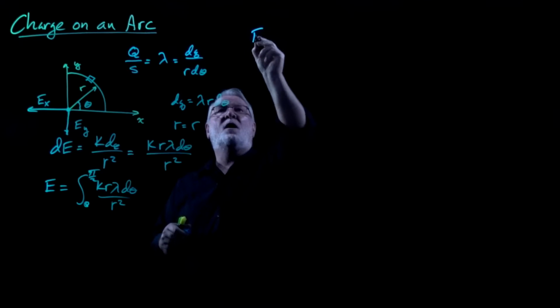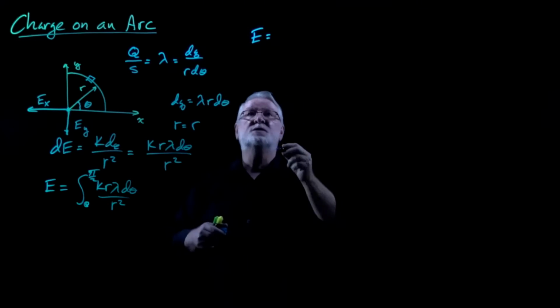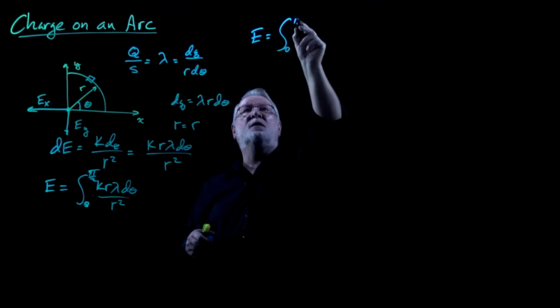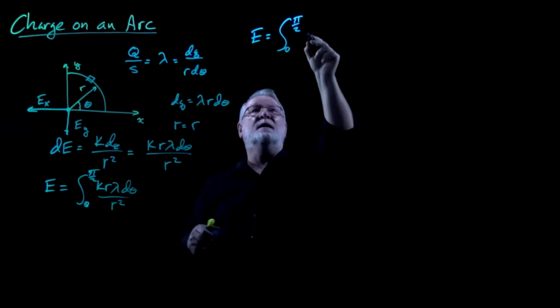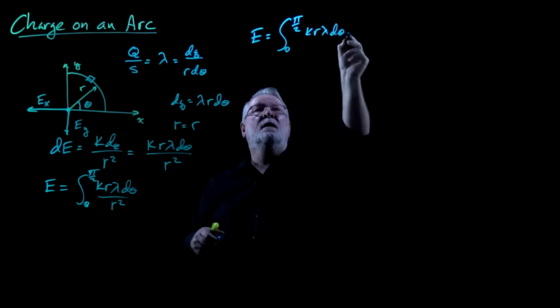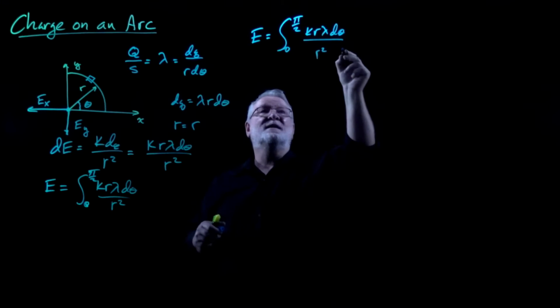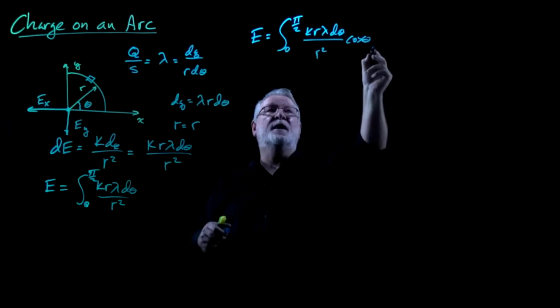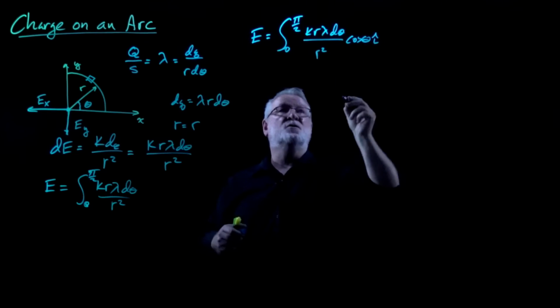The overall E is really going to be a function of two different integrals. My first integral is the integral from 0 to pi over 2 of k r lambda d theta divided by r squared, but that's going to be times the cosine of theta, and that of course is going to all be in the i hat direction.